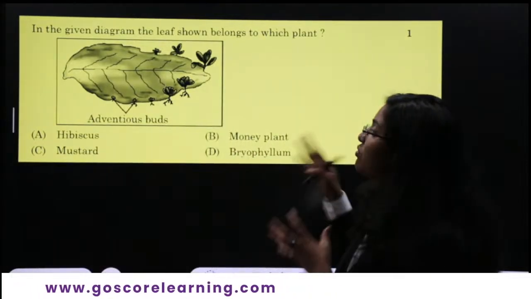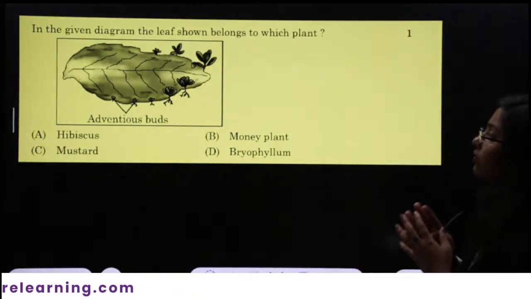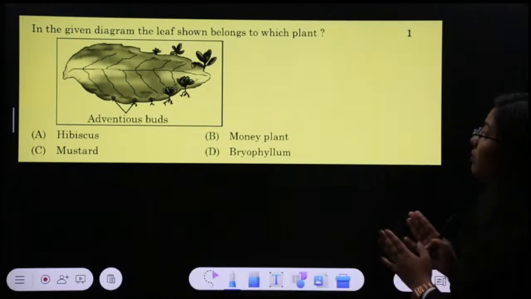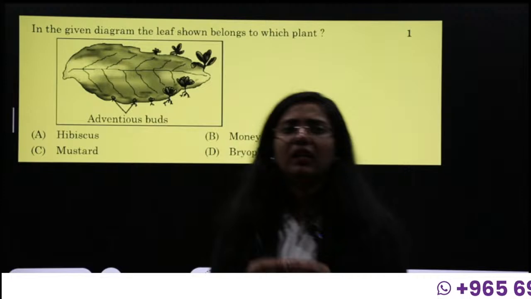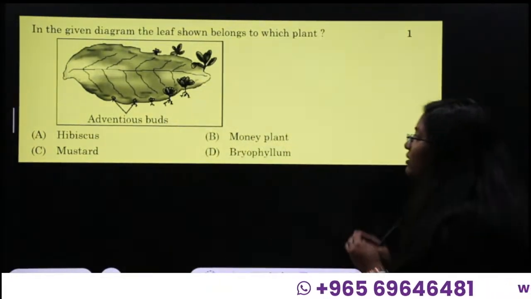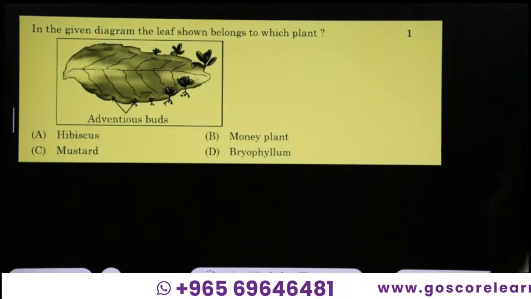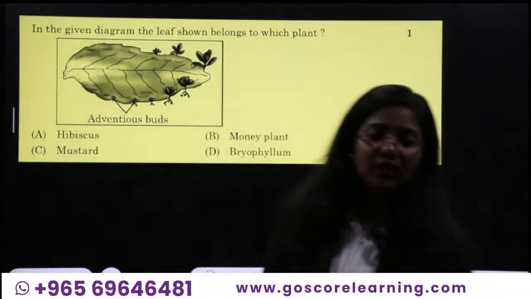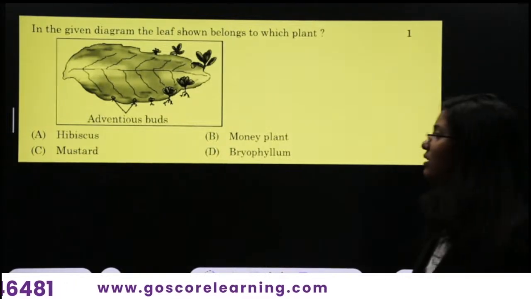When it comes to the leaf, the options here are hibiscus, money plant, mustard, and bryophyllum. In the textbook, among these options, leaf propagation is done by bryophyllum. So the answer for this question is bryophyllum.